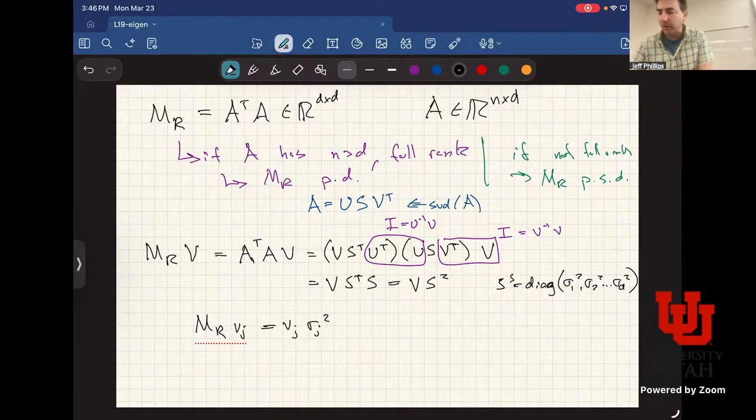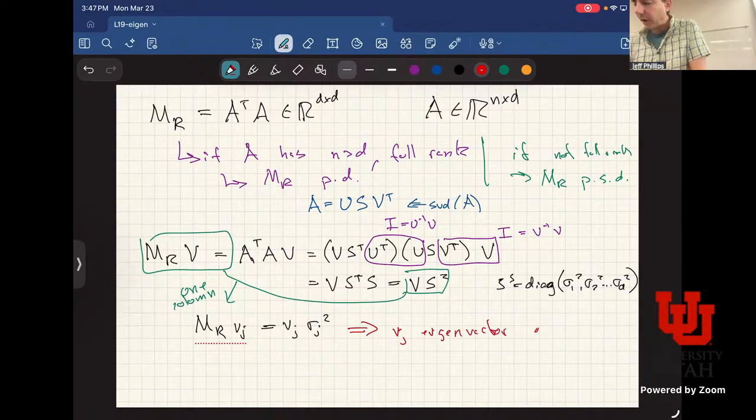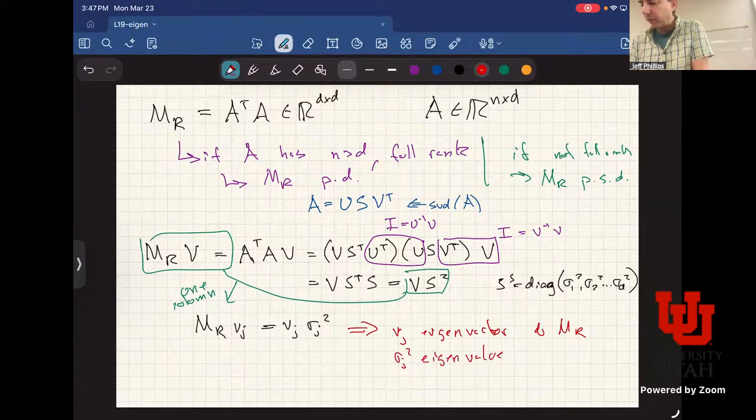If I look at one column, I get this expression, and this implies that V_j is an eigenvector of M_R, and sigma_j squared is the eigenvalue of M_R.